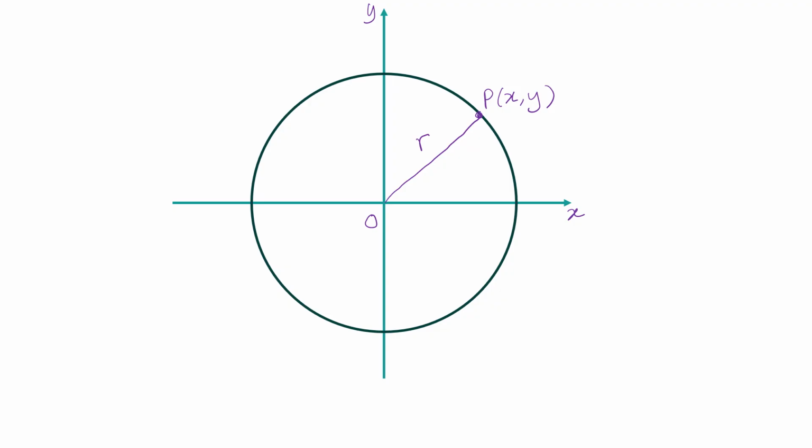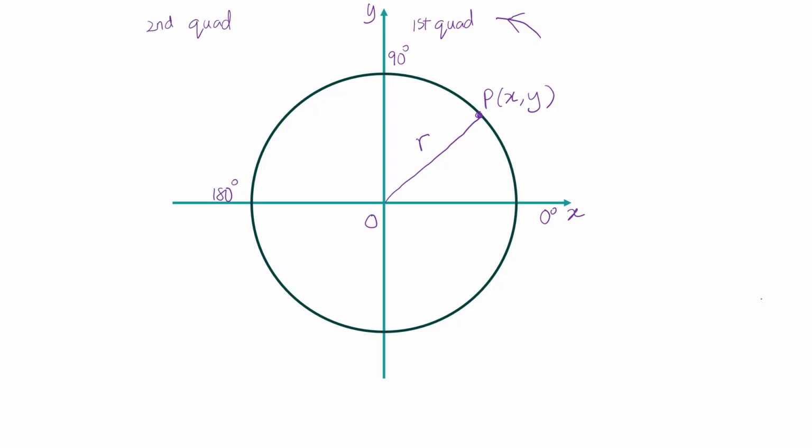Now, we would want point P to travel in the anti-clockwise direction. So hence, this will be your first quadrant, which is between 0 degrees to 90 degrees. And between 90 to 180, it will be called the second quadrant.